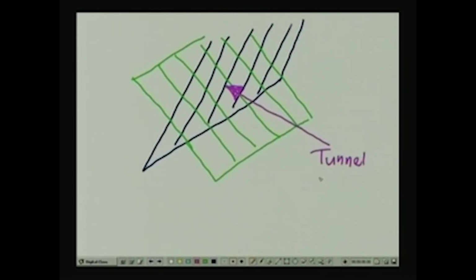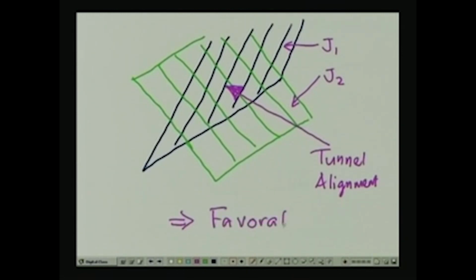So, this one here is the tunnel alignment, and this one is the joint 1, and that plane there is joint 2. So, this is going to be called a favorable condition. Okay, so, that illustrates this particular aspect.